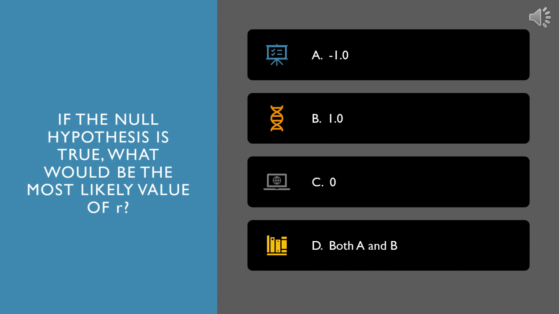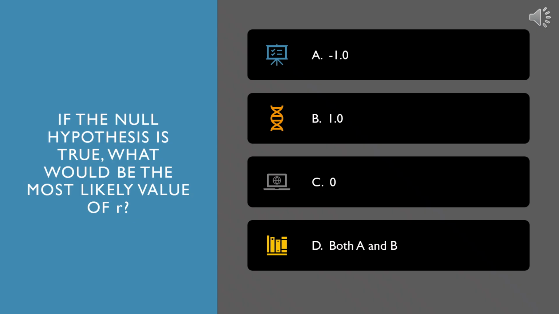If you're talking about a correlation between two variables, and the null hypothesis was true, what would the strength of the relationship between the two variables look like? Well, the null hypothesis for correlations is that there is no relationship between the two variables. If there's no relationship, then R should equal 0, or very close to 0.